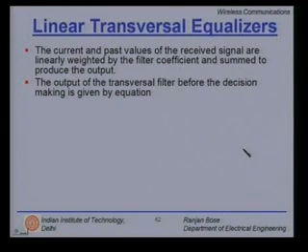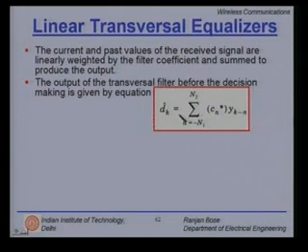The current and the past values of the received signals are linearly weighted by the filter coefficients and summed to produce the output. The output of the transversal filter before the decision making is given by this equation. D hat k is the summation of the complex weights multiplied by the tapped delay values of yk.